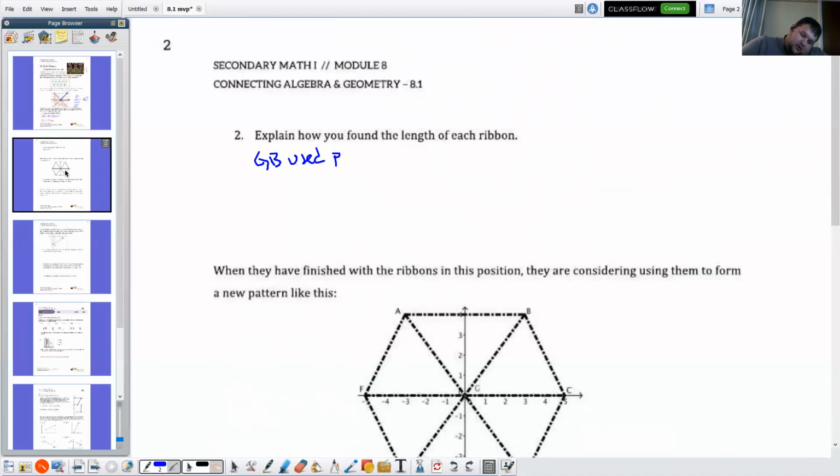Yeah, GB, we used the Pythagorean theorem. Wow, my pen's not writing very well. And to find GC, we counted the units.